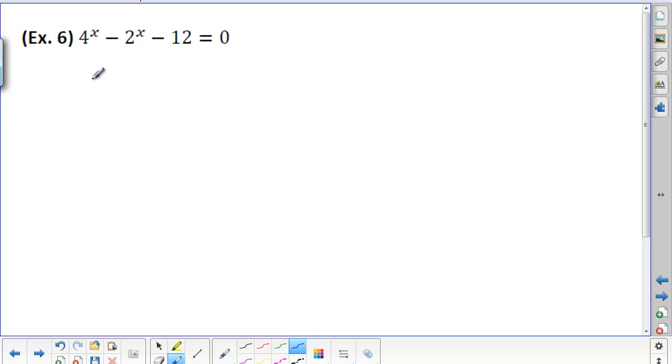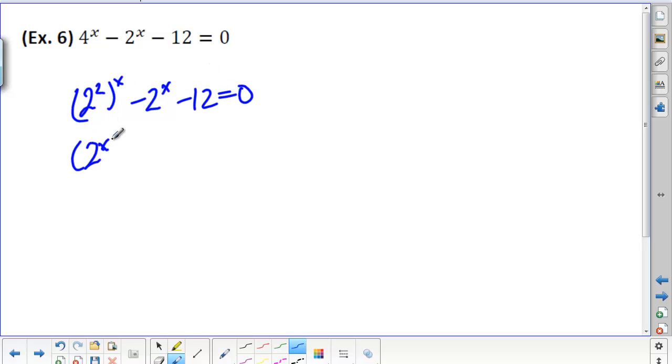We're actually going to start by saying that 4 to the x is the same as 2 squared to the x. And you can actually switch these around and make that 2 to the x squared. It's the same as 2 squared to the x.